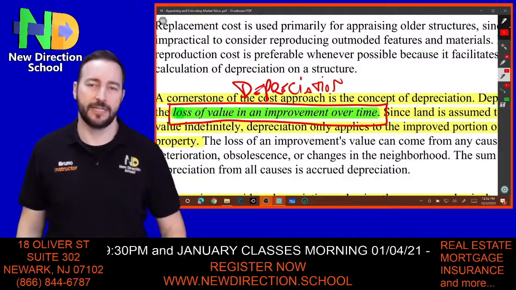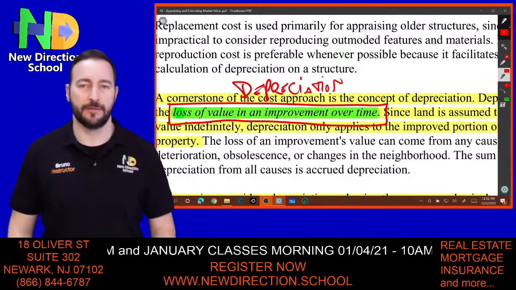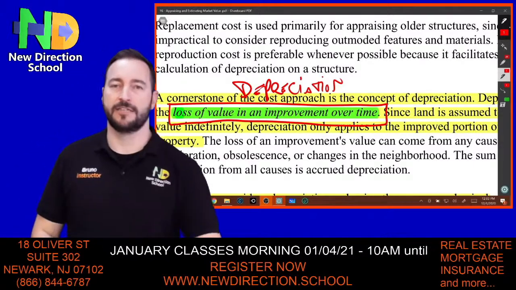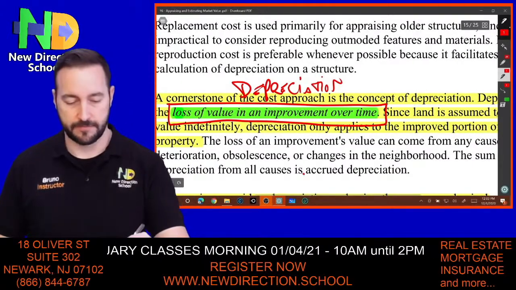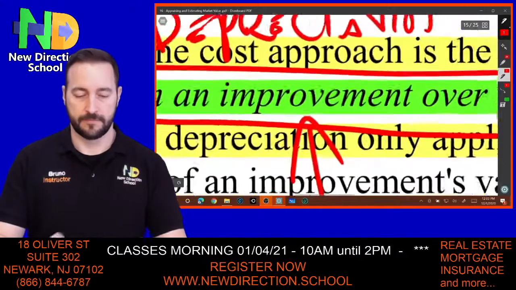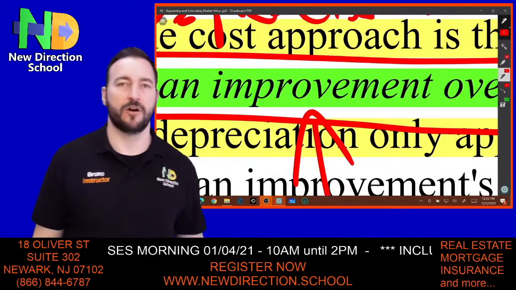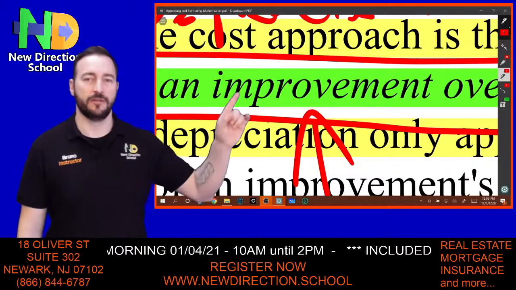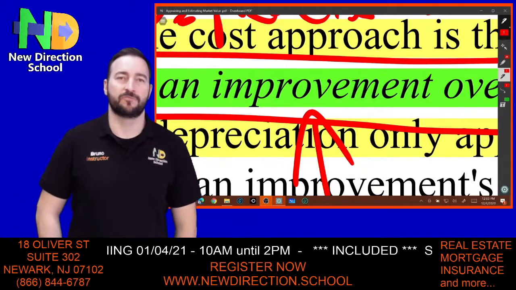So depreciation is loss of value in an improvement over time. Now, the key word, guys, is improvement. And this is key that you know what this is. Who can tell me what is considered an improvement?